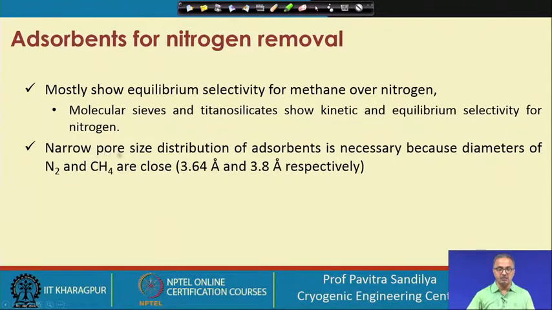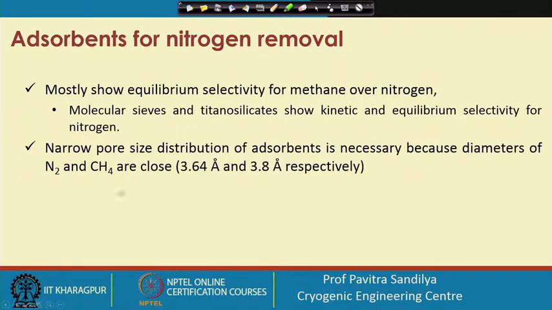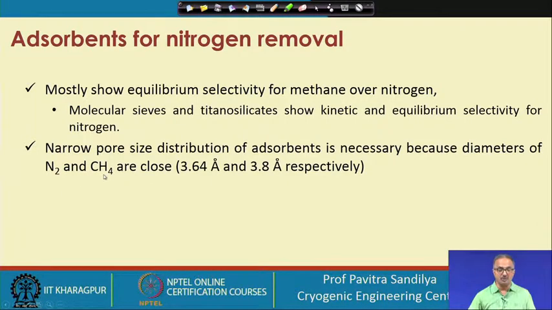Now, the narrow pore size distribution of adsorbents, as we learned earlier, is very important. That decides how selectively we can adsorb the various solutes. In this case, we find that the diameters of the nitrogen and methane molecules are very close, about 3.64 angstrom and 3.8 angstrom.